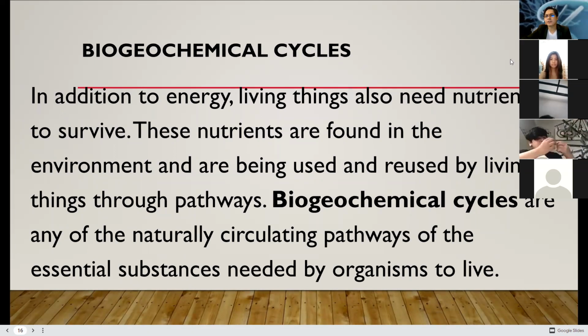In addition to energy, living things also need nutrients to survive. These nutrients are found in the environment and are being used and reused by living things through pathways. Biogeochemical cycles are any of the naturally occurring or circulating pathways of the essential substances needed by organisms to live.